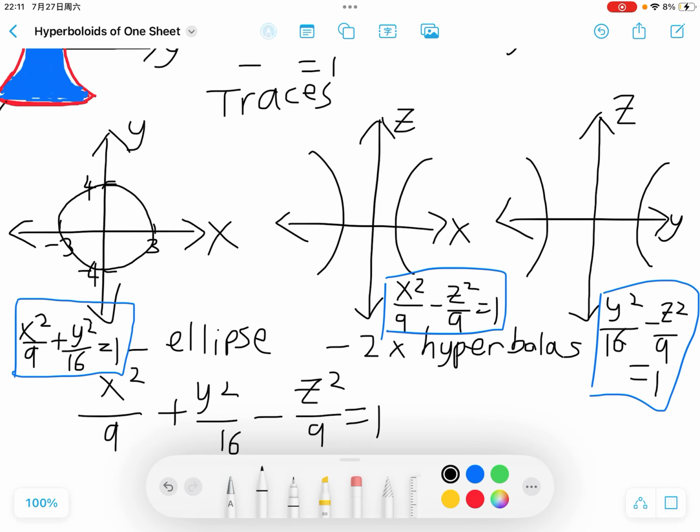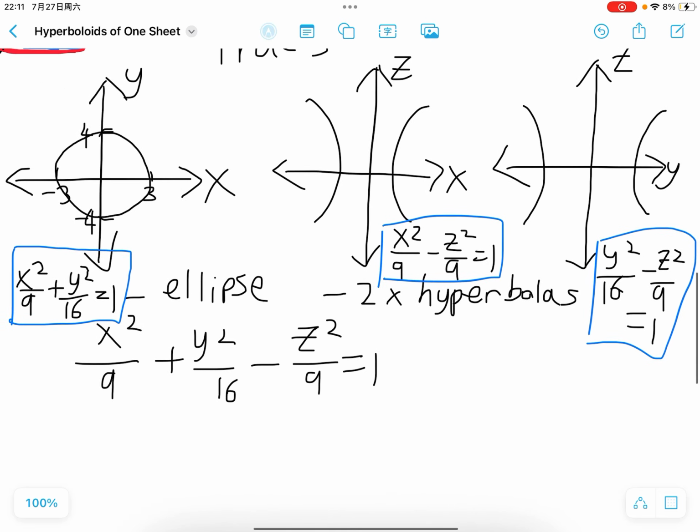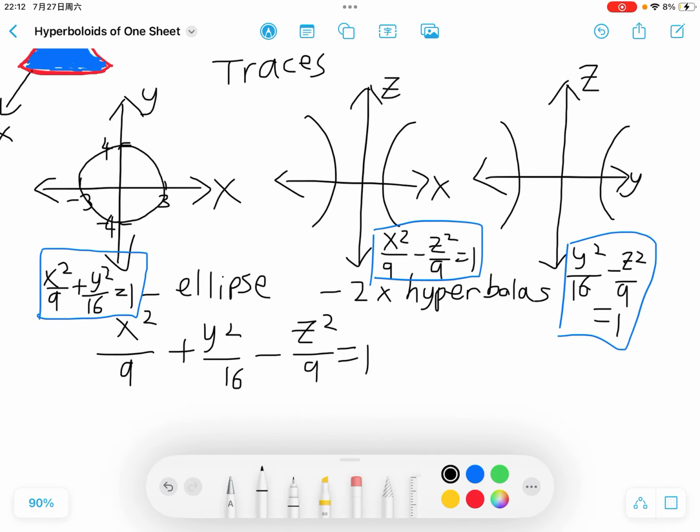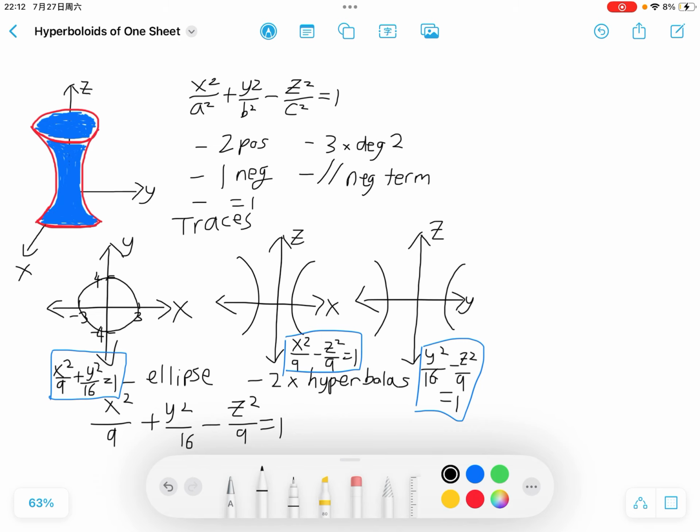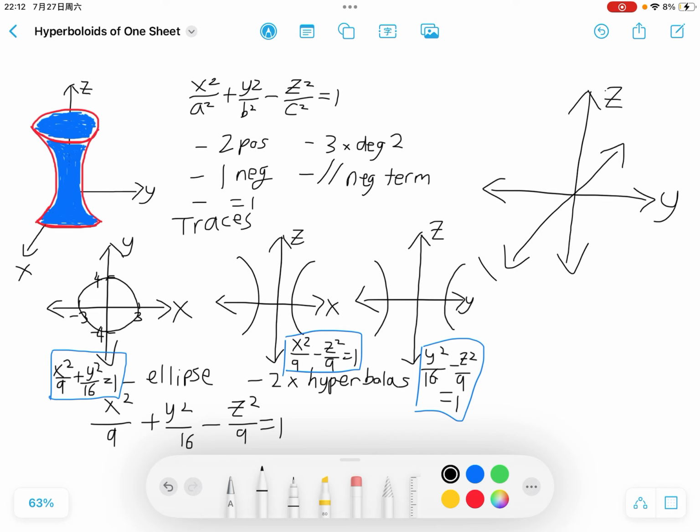We can just combine the graphs, the views: the top view, the side view, the front view. Then you can basically get a graph of the hyperboloid of one sheet that you're looking for. So we can just put the 3D coordinate plane here first. This is x, this is y, this is z, and the diagonal axis is x.